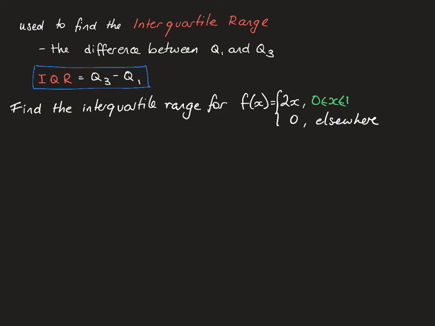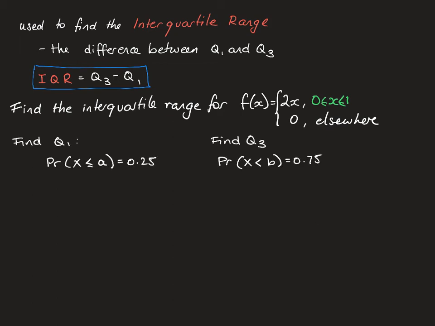So to find the interquartile range, we need the value for quartile 3 and the value for quartile 1. So we set those two up as probability questions where we're looking for the value of x. We've called the lower quartile A, that gives us 25% of the data, and the upper quartile I've called B, which gives us 75% of the data.